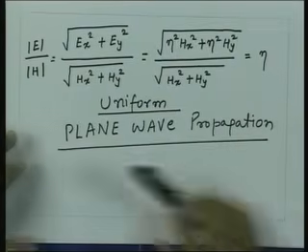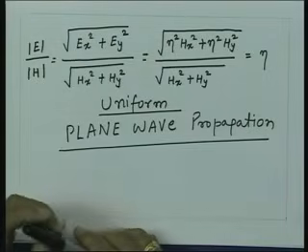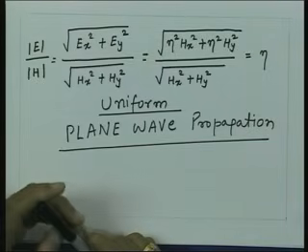Now, if I look at the electric and magnetic fields for the plane wave propagation, the analysis tells me that the electric and magnetic field are perpendicular to each other, and they are perpendicular to the direction of propagation like this. However, nowhere it is said that these electric and magnetic fields cannot change direction as a function of time.